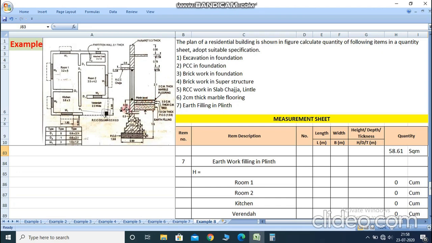Here 0.6 value is given from the ground level to the plinth level, so 0.6 minus the 2 centimeter thick marble flooring, so minus 2 centimeter, minus the 7.5 centimeter thick PCC work that is provided. Convert into meter, so 2 centimeter is 0.02.